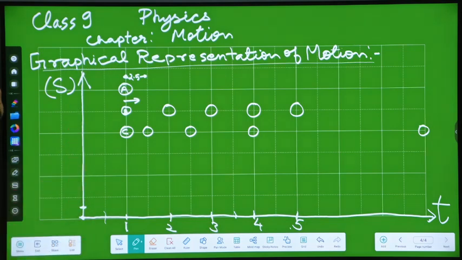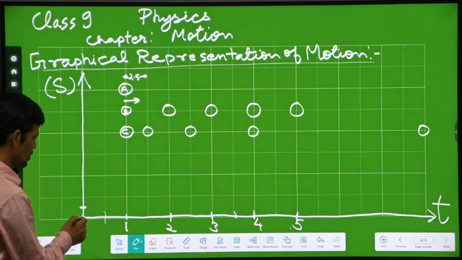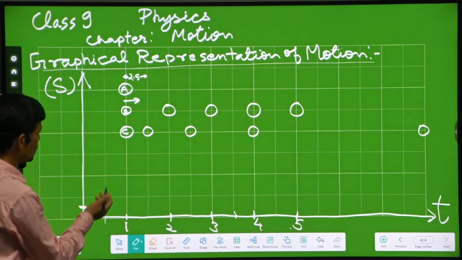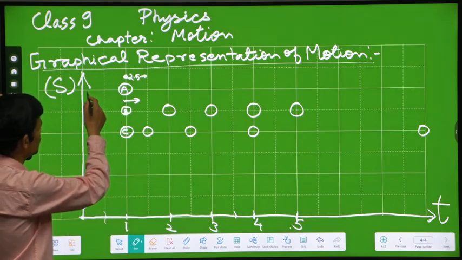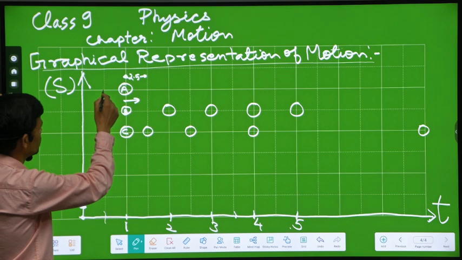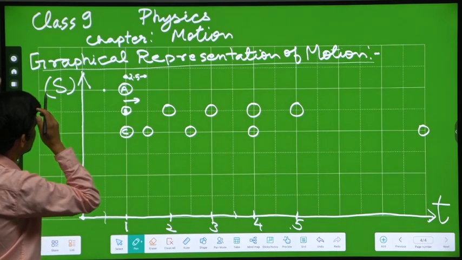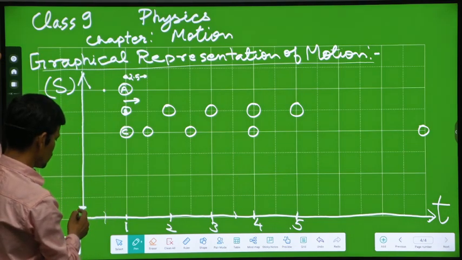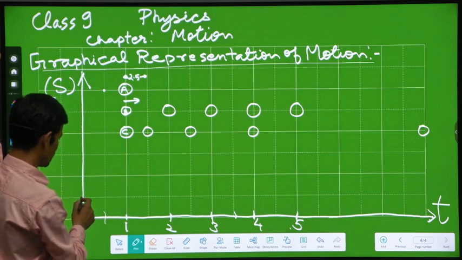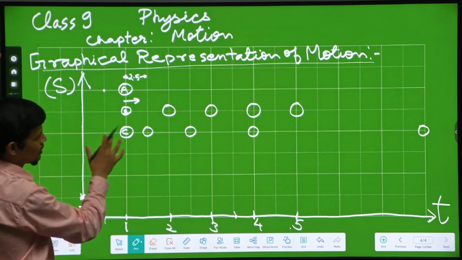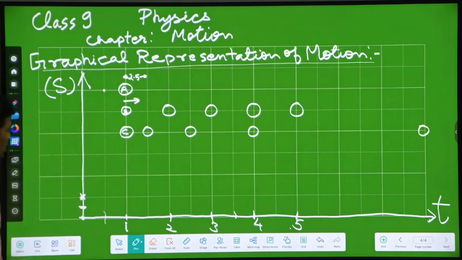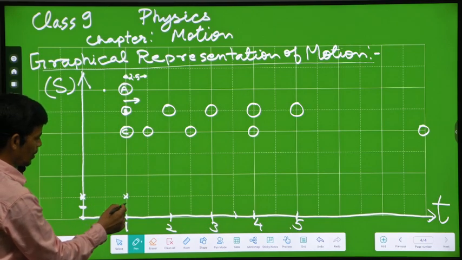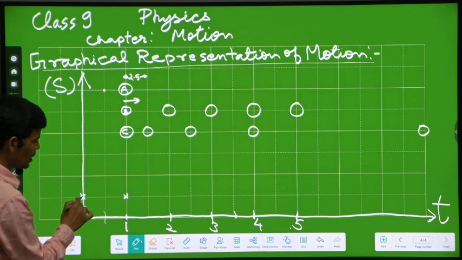So for the first case, if I am drawing it, at 0 time it was there initially. Let us suppose I was here, I was clicking its picture, it was at a distance 2.5, somewhere here, because I have chosen such parameters. So after 1 second it is still, see, don't get confused that it has traveled this distance.